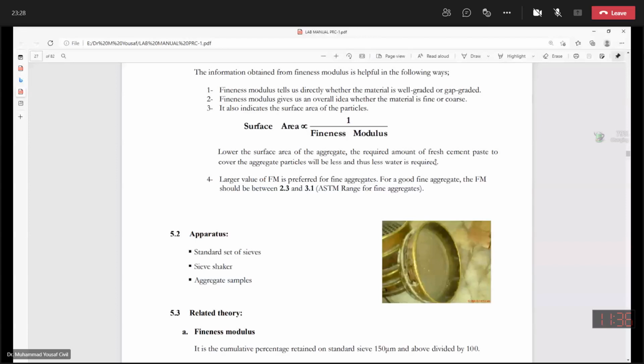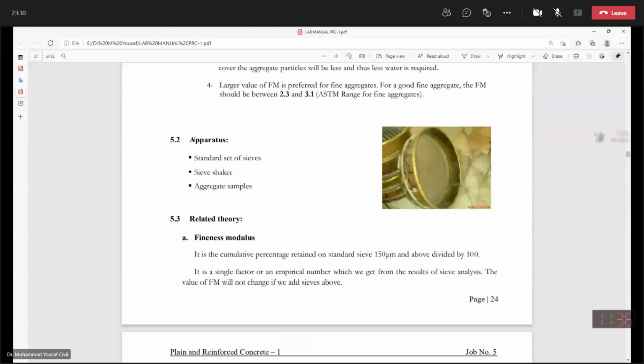Now the apparatus is very similar to the gradation procedure as you have done earlier in your geotech lab. There is a set of sieves arranged one above the other, starting from the top with large opening and then reducing the size of the aperture as we move downward.